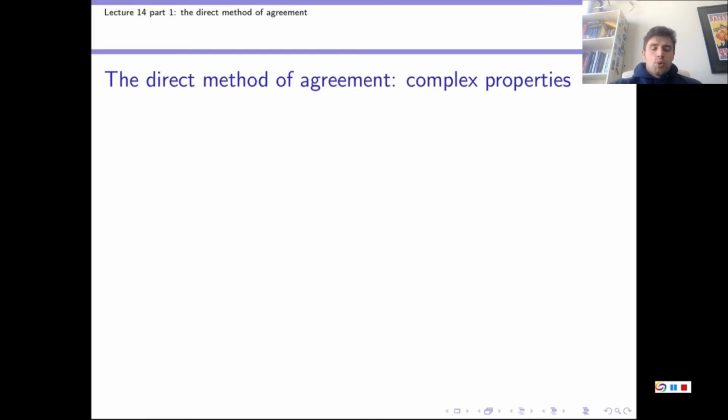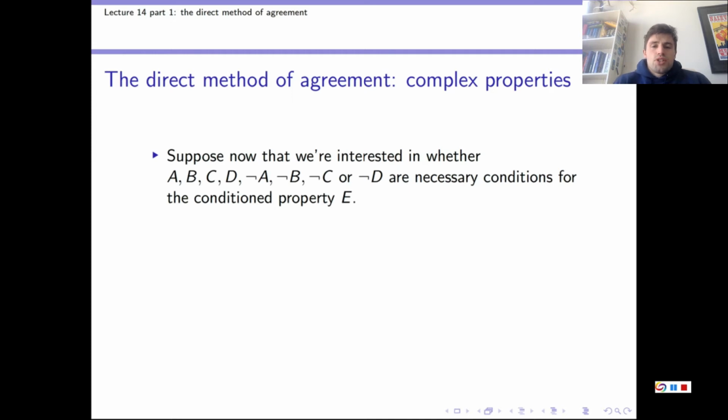Now, the example we just looked at involved only simple conditioning properties, but we can also ask if complex properties are necessary conditions for a given conditioned property. So suppose we have the four possible simple conditioning properties A, B, C, and D again, but in addition, we're interested in whether not A, not B, not C, and not D are necessary conditions for a given conditioned property E as well.